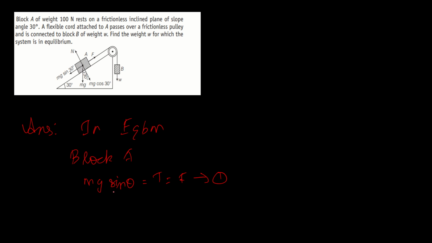Similarly, for block B, there is no mg sin theta or mg cos theta acting on block B. Its weight is simply denoted as W. So W will be equal to the tension, which will be equal to the force.